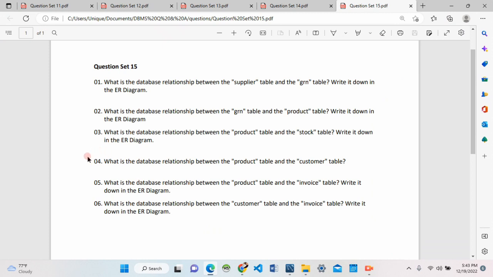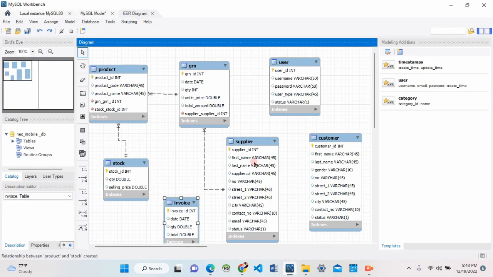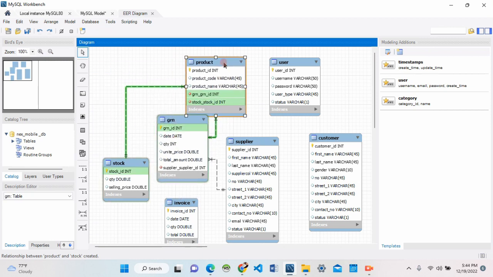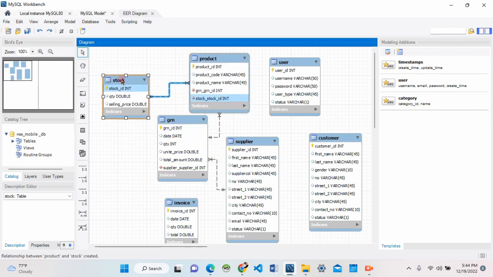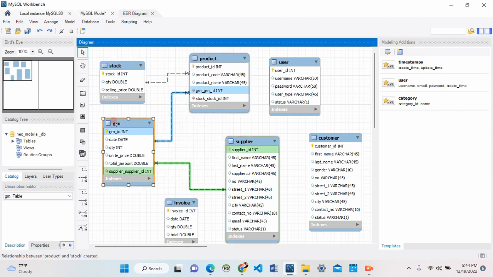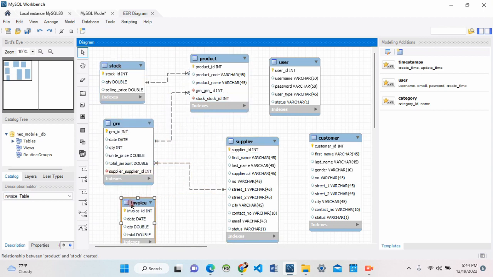The fourth question asks: what is the database relationship between the product table and the customer table? If we see the relationship between the product table and the customer table, I will keep the tables like this.